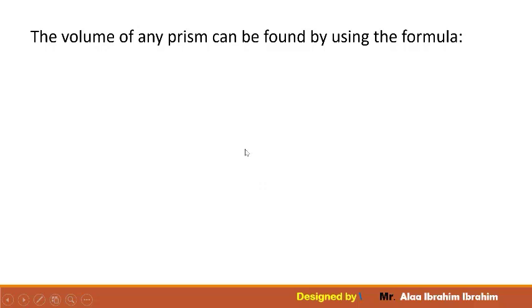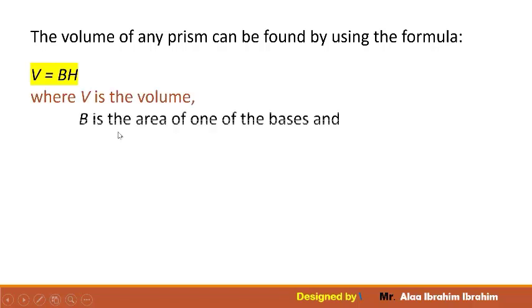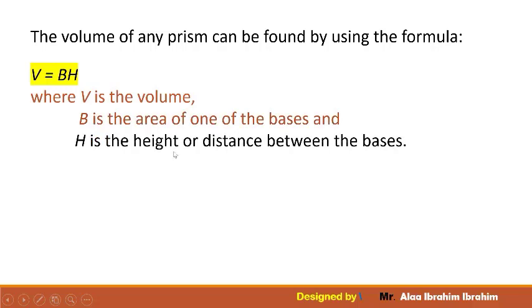How do we find the volume of a prism? We have to follow the formula. V means volume, B means base area, and H means the height of the prism, or the distance between the two bases. So V is the volume, B is the area of one of the bases, and H is the height or the distance between the bases.